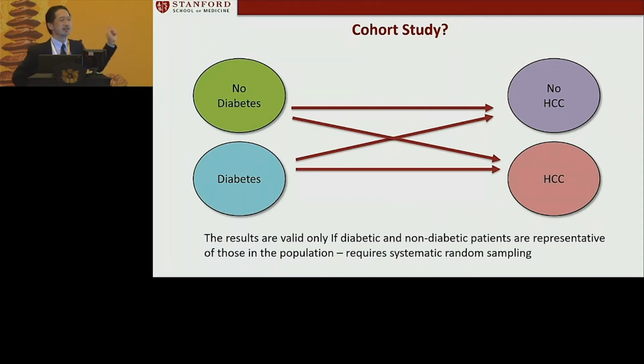But if you did that, the results are valid only if diabetes and non-diabetes patients are representative of the whole population. So if you did it correctly, this will be valid, but most of the time, it is very hard to do a valid study. This will require random sampling of a stratified kind to make sure that the samples you have are representative of the whole community.